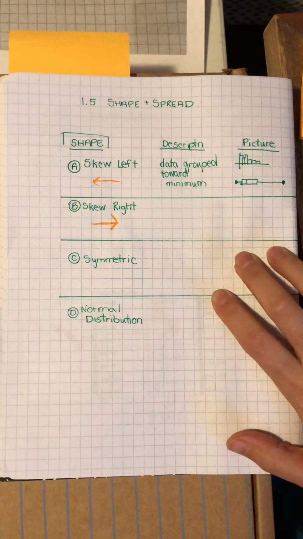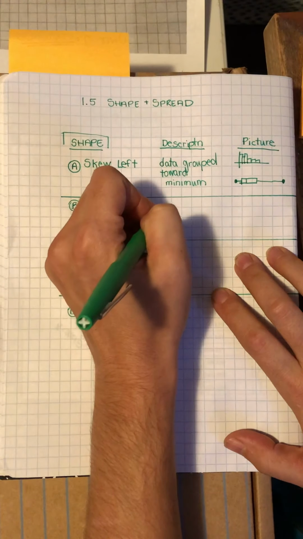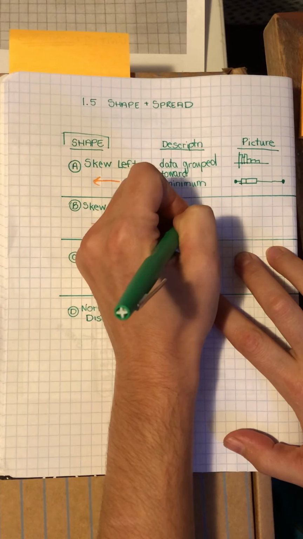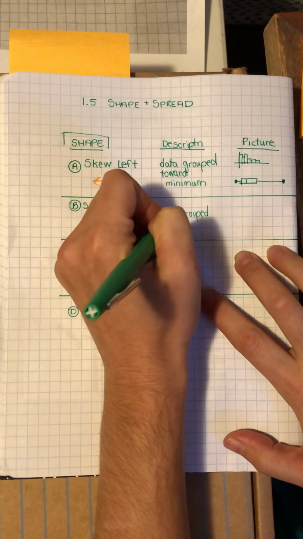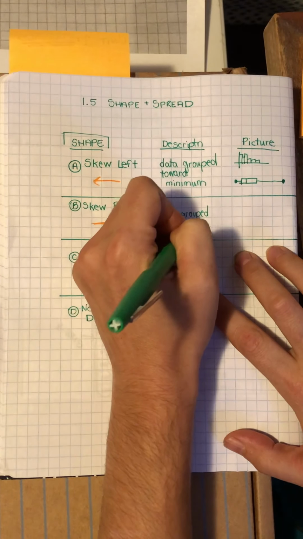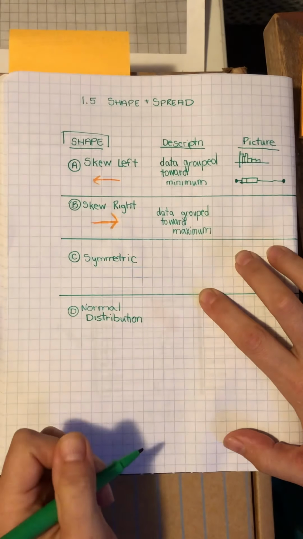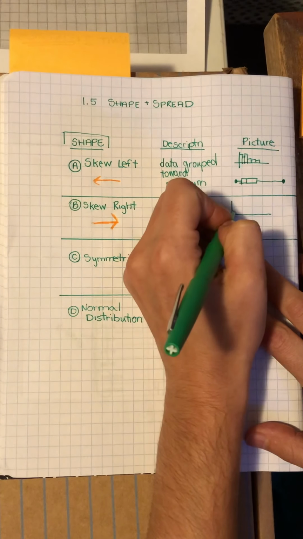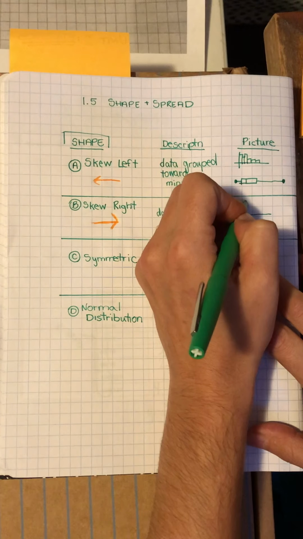So skew right is the opposite. You've got data grouped towards the maximum. And so the histogram might start out short and then get big.